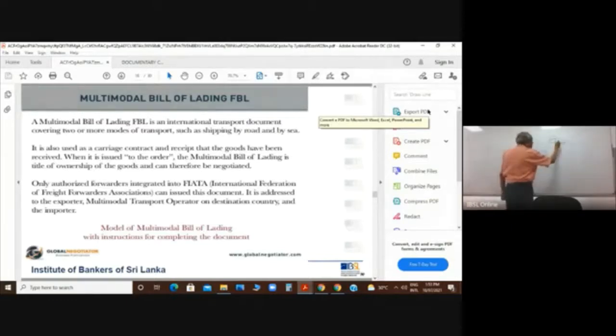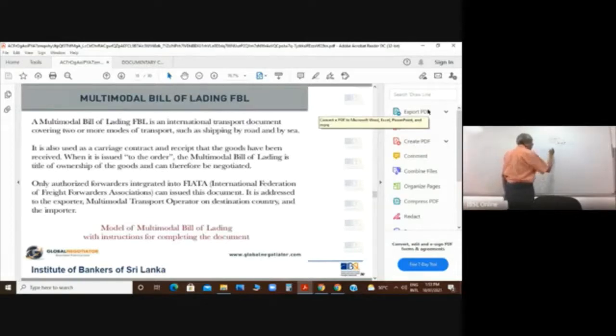Belgium has no port, so they have to load it and send it to Germany, crossing the border. First a truck consignment note, TCA.